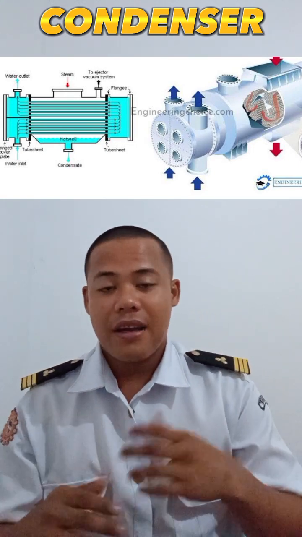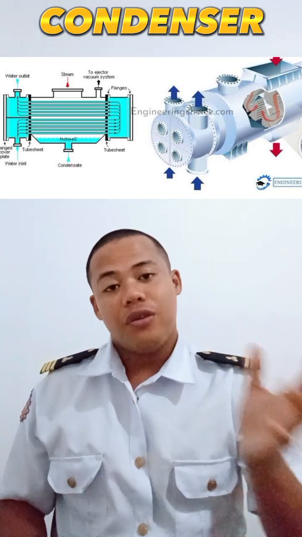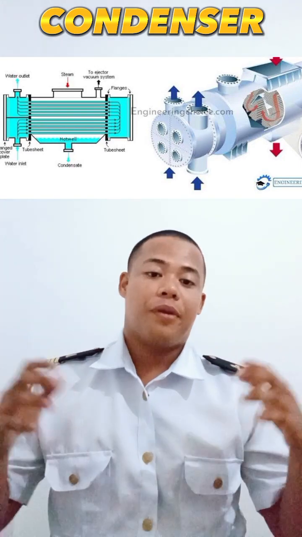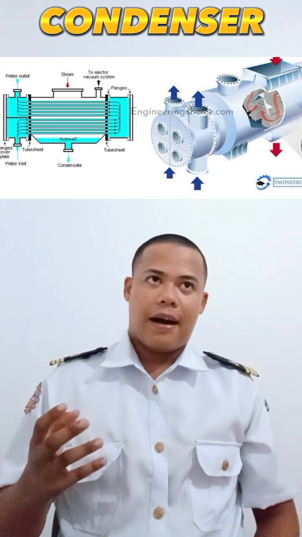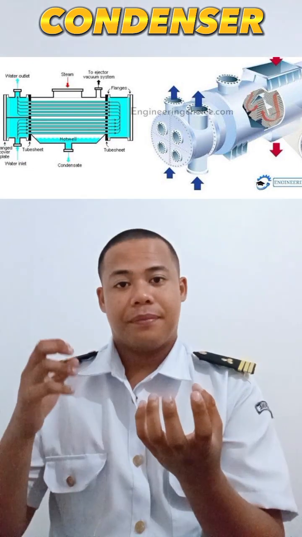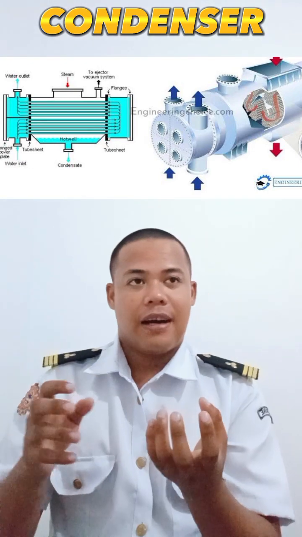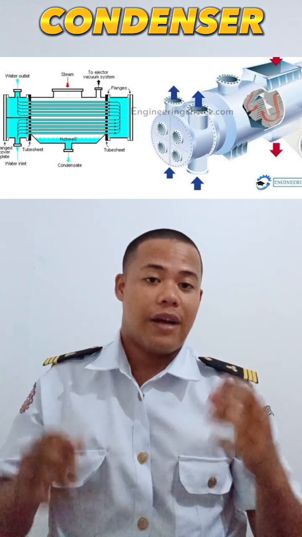And once it is turned back into liquid condition, we return it to the boiler to reuse it in the operation of our system. So this condenser cools the gaseous substance, which is the steam, turning it back into its liquid condition by the use of a cooling medium.